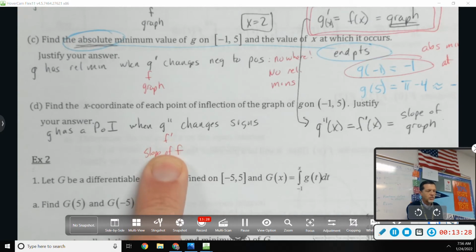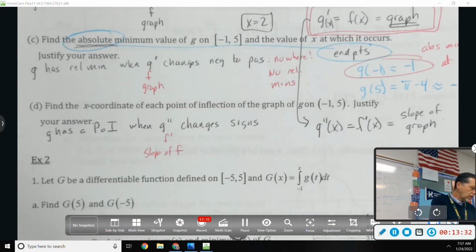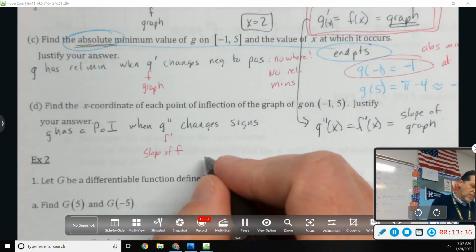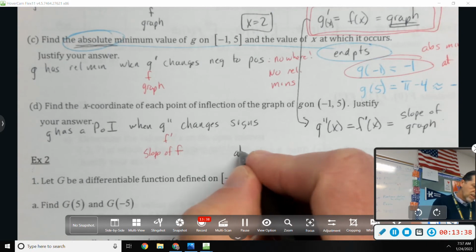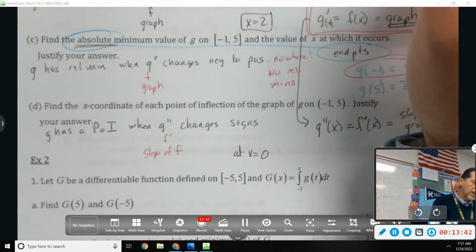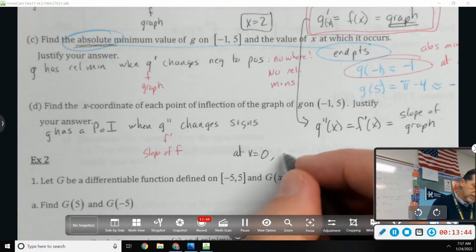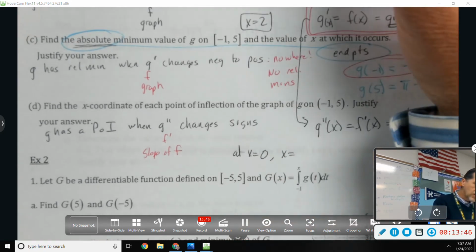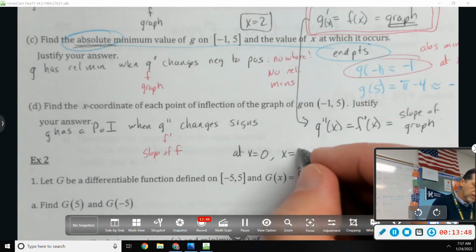So I translate that into f. So where does the slope of f change signs? X equals 0. It goes from positive to negative. Anywhere else? X equals 3 changes from negative to positive.